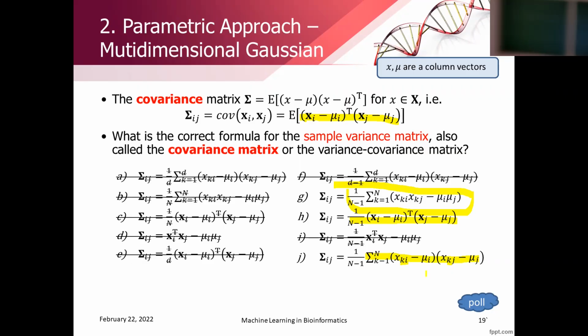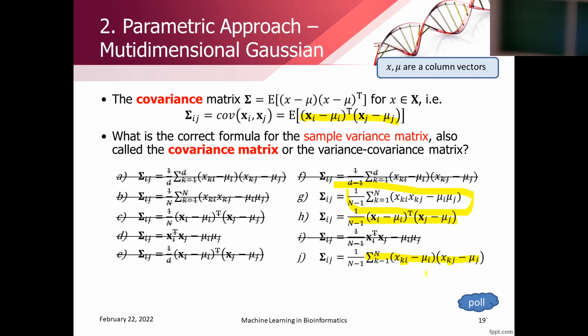And let us look at this term. So what is this term? Mu i is a constant, it's one number. So mu i times the sum of x ki. We can compute the sum of x ki. It's actually capital N, the number of rows, times the mean for the ith column.